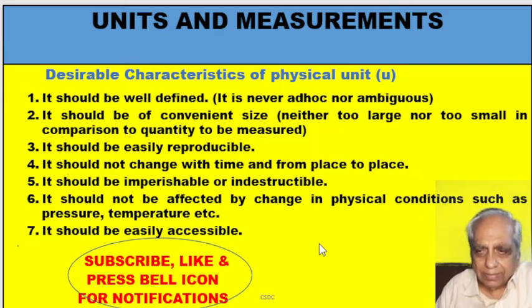Now what are the characteristics of a physical unit? The distance between the hands of two hands is not desirable, because it is not well defined. Our units should be well defined so that everyone will get the same answer. Like how we have defined 1 meter, we will learn in the next slide.